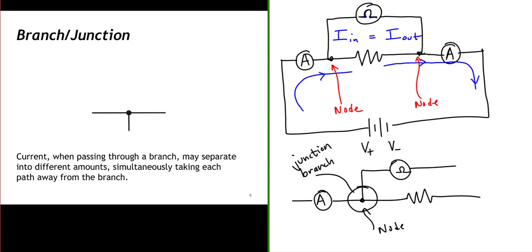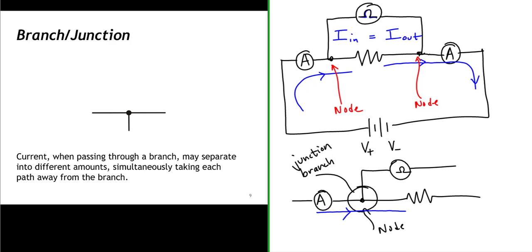The thing about current, when it's passing through a branch, it can separate into different amounts, simultaneously taking each path away from the branch. So in looking at this, before we attach the ohmmeter, the current was going straight through that node, leaving the ammeter, entering the resistor.